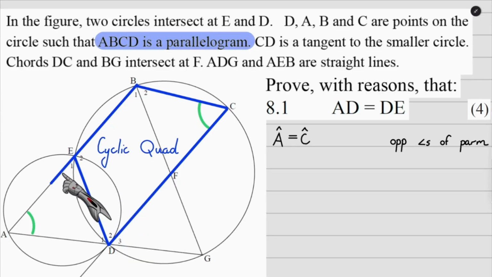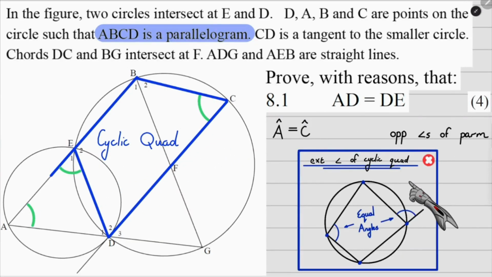And we know a theorem that relates the exterior angle to the interior opposite angle. It's exterior angle of cyclic quad, which we've seen in this paper quite a bit before. So now I know that this angle C will be equal to E1, and we're almost home safe.